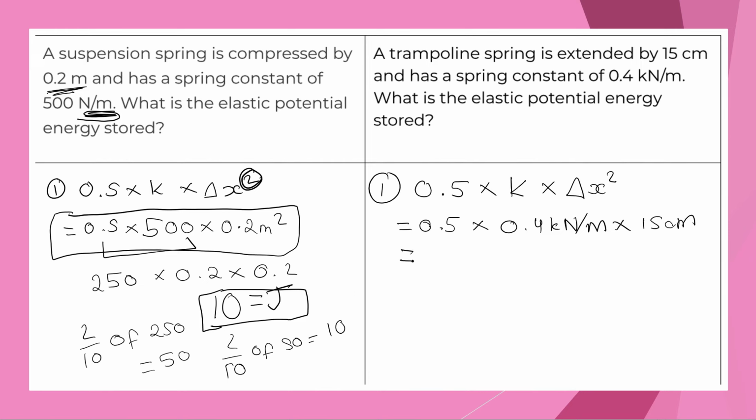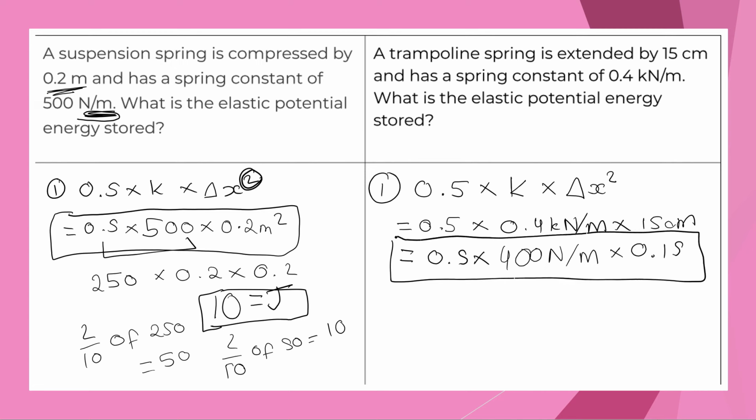Converting that, it would be 0.5 multiplied by, this is 0.4, so we have to multiply this by 1000, which would give us 400 newtons per meter, multiplied by, over here we need to divide by 100, which would give us 0.15. So we can just input this calculation into the calculator, and it should give us the correct answer, which is always measured in joules.